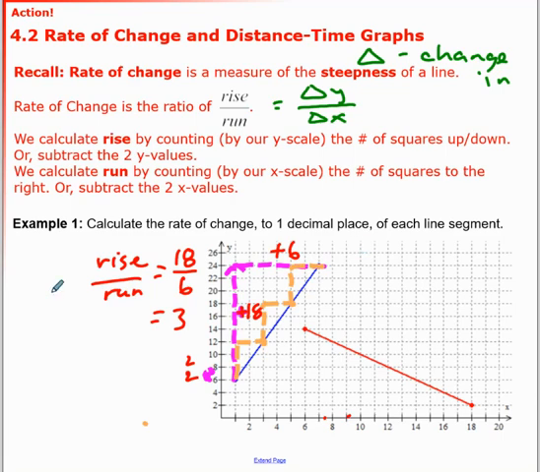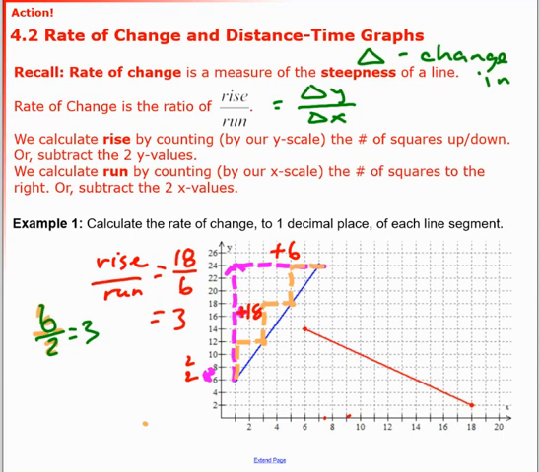So you could have had up 6 over 2. Well, that equals the 3 also. So we could have done it that way. All right, let's look at the next one.